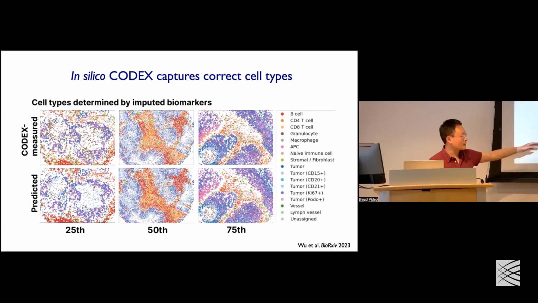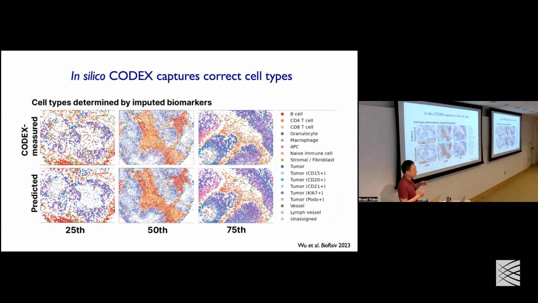The 25th percentile is where the synthetic data has relatively poor performance, and even in that case we're still able to capture many of the key cell types, the different immune subtypes and tumor microenvironments. This makes it much easier for folks to work with these spatial data, especially in settings where it's too hard or expensive to do the experiments.